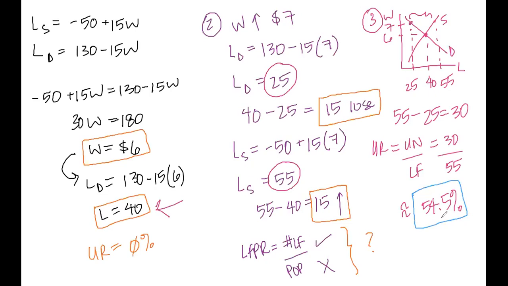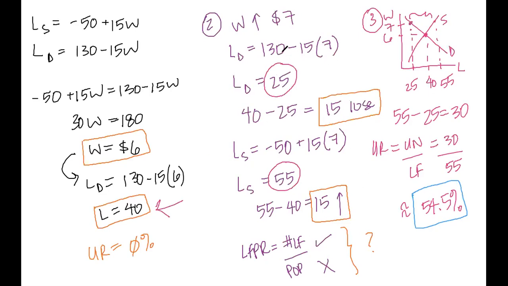So again, just to recap this problem, in this first column, we just found the equilibrium wage and labor, and then from this efficiency wage change, I found the new labor demand and labor supply, and then I compared that with the equilibrium to see the changes.